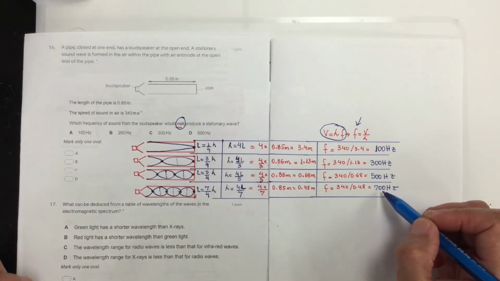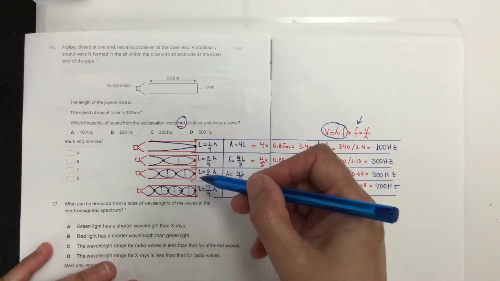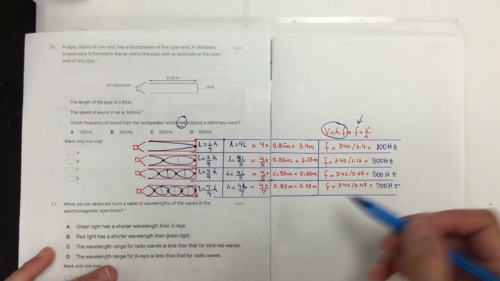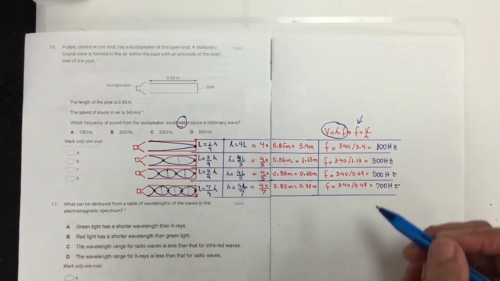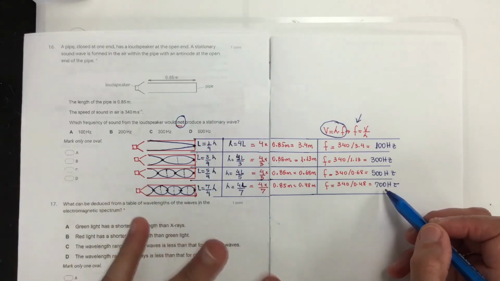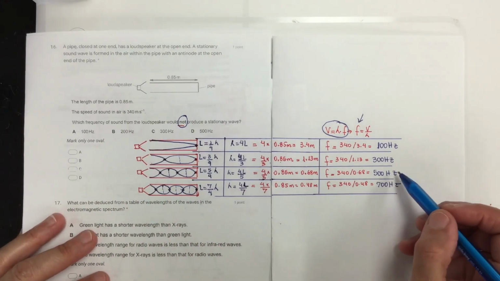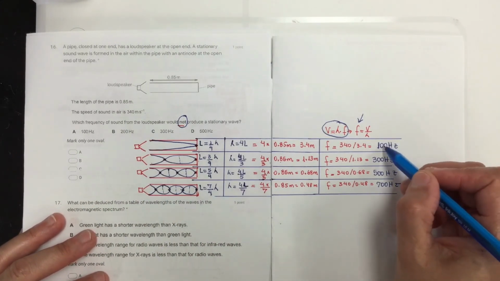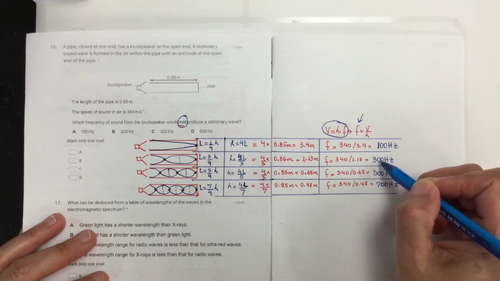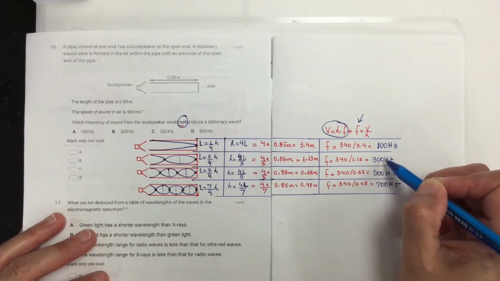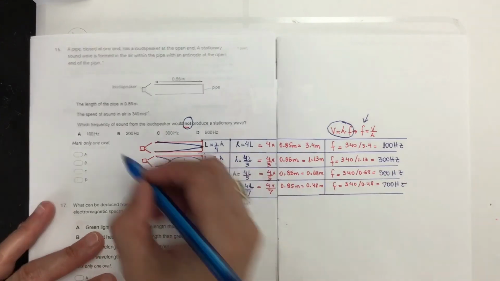It's not here, because I stopped. If you keep going, you're going to get higher and higher. So that was the highest one, so that's okay. But I don't see 200. Between 100 and that there is nothing, the next one is 300. So 200 is the frequency that will not be produced in the pipe to make a stationary wave.